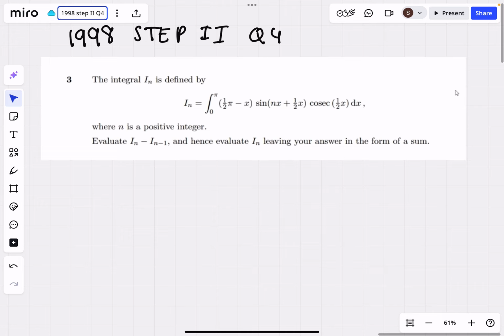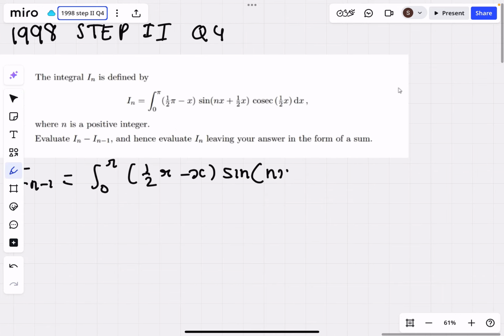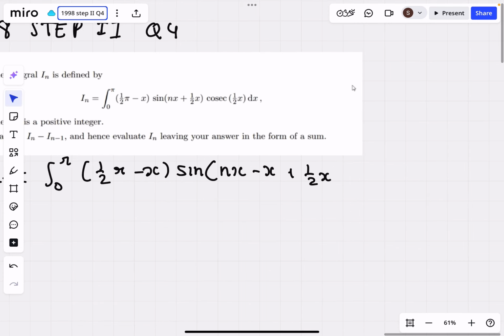So the first thing I want to do here, before we get I_n minus I_{n-1}, is just get I_{n-1}, where we just substitute n minus 1, because I just expanded n minus 1 x.